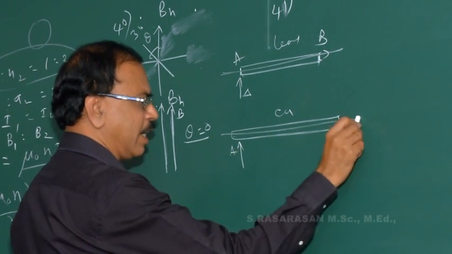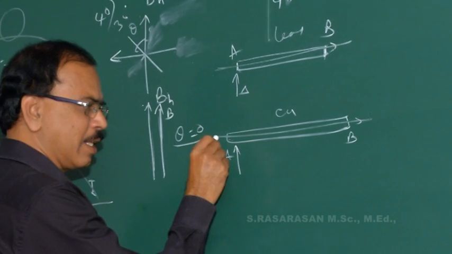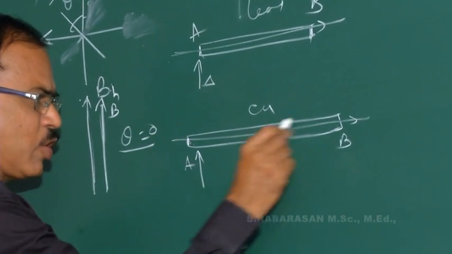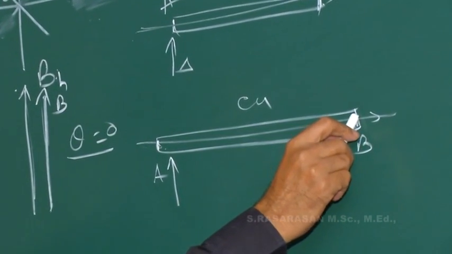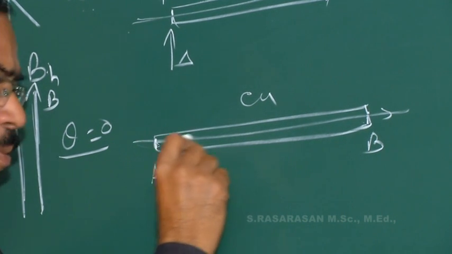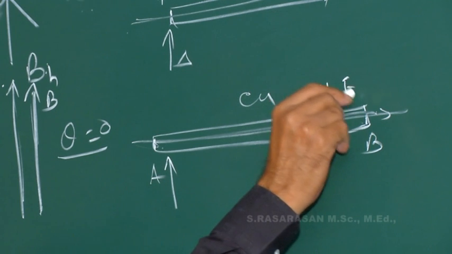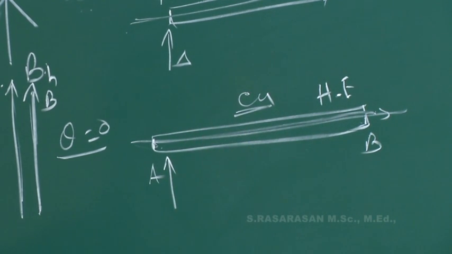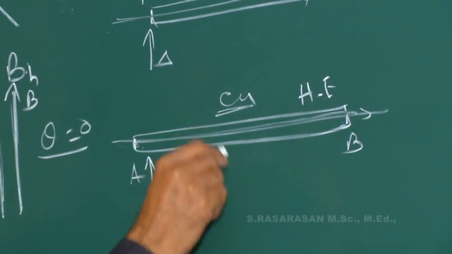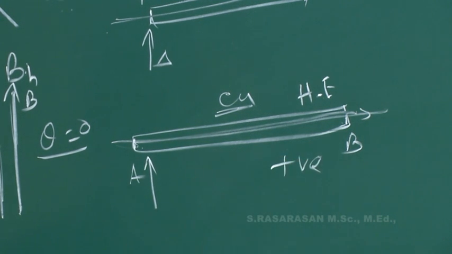When we allow the current in this copper rod, the current is passing from higher temperature to lower temperature. When current flows from higher temperature to lower temperature, heat is evolved in the rod. This is the Thomson effect exhibited in copper, what we call positive Thomson effect.